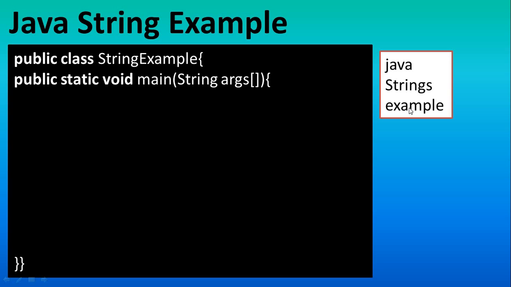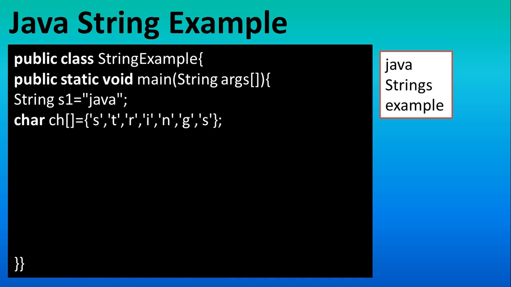Now we directly see the program, and in that program I would like to show these 3 values, that is Java, strings and example. As usual, you have the class and main method, then you can create the string variable having the Java value. You can do this directly, and this is one of the simple ways to represent the string value.